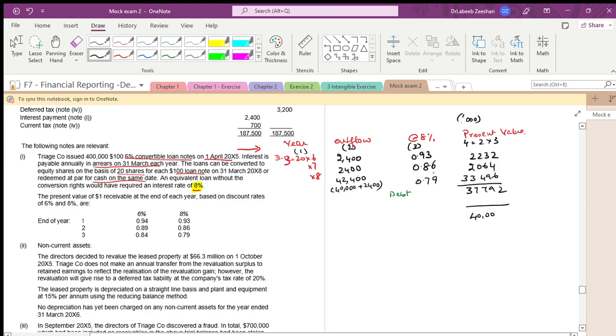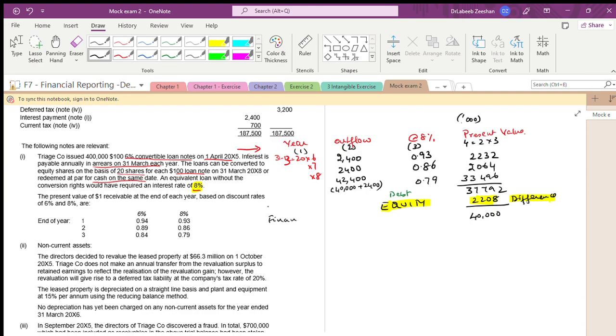40 million. You have the difference. How much is the difference? The difference is 2,208. Now what is the debt? 37,792.